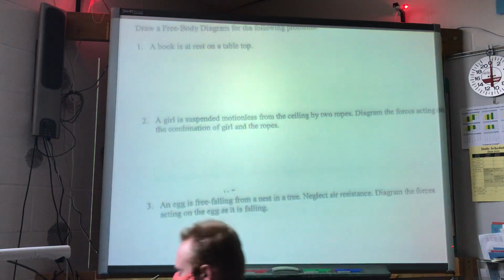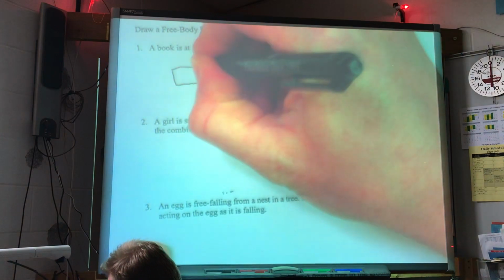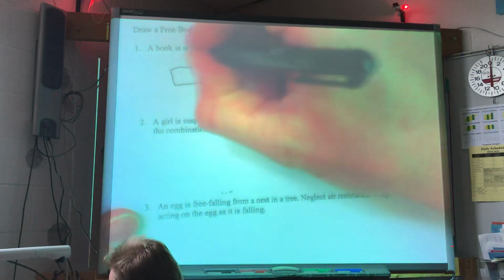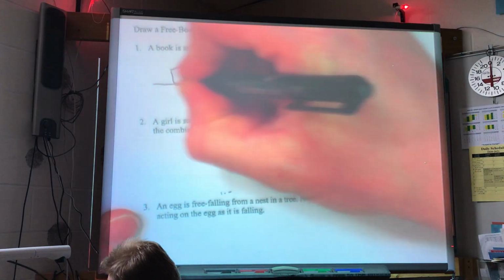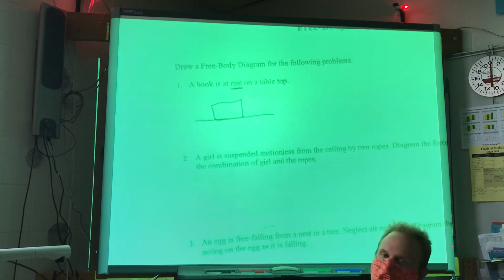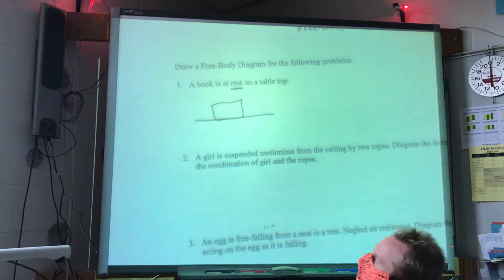It's really just pictures. So if we have a book, again, I'm okay at drawing boxes. We have a book that's at rest on a tabletop. So there's my book on my table. Not too bad. Practiced already today.